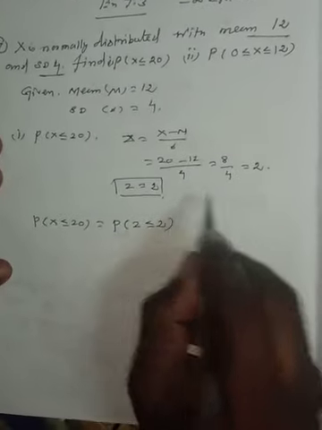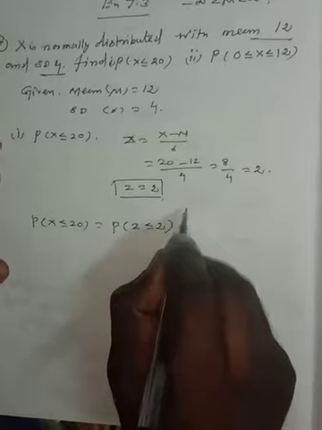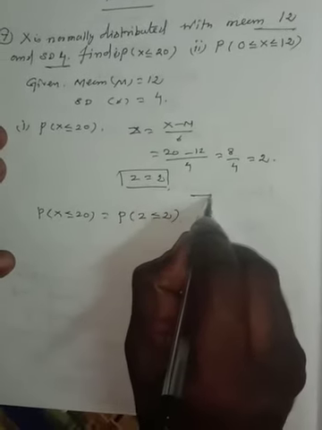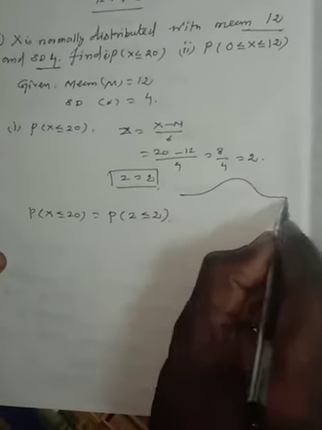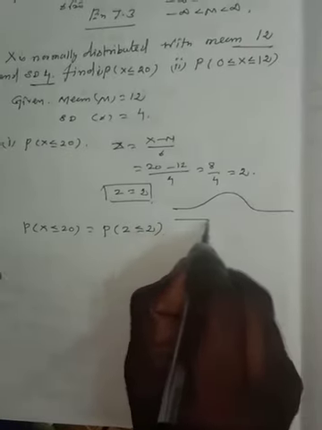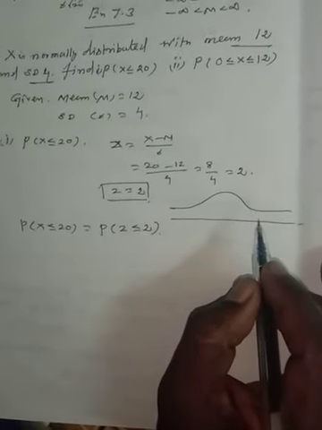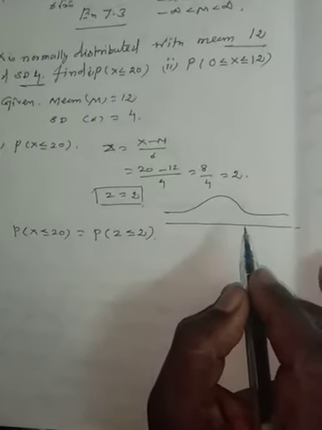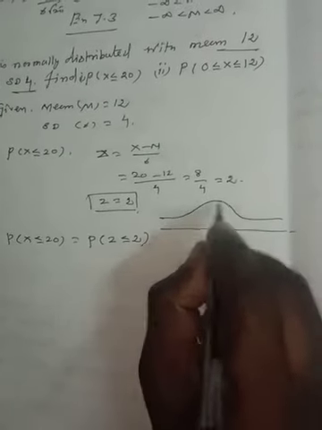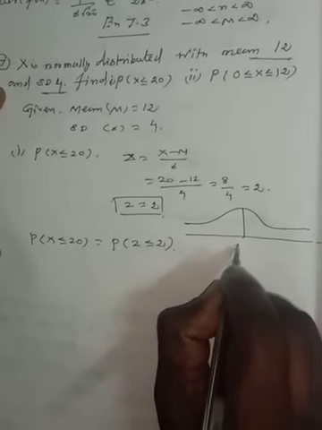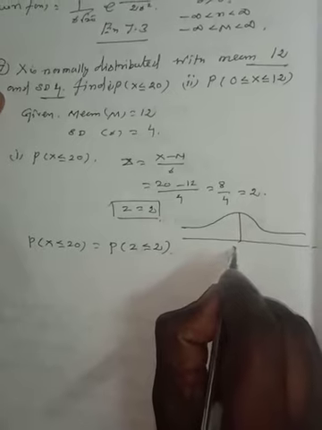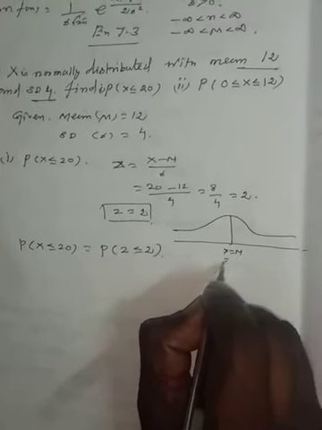Draw the diagram. In the middle, x equal to mu, z is equal to 0.